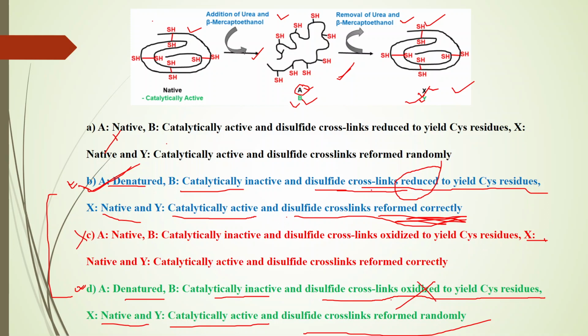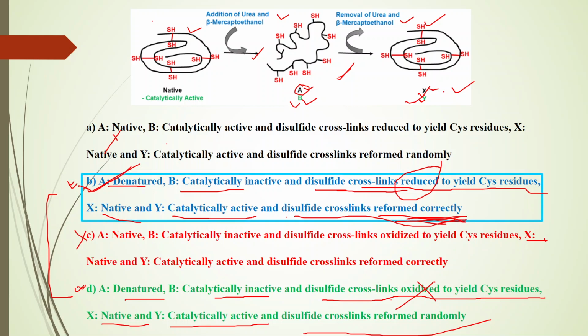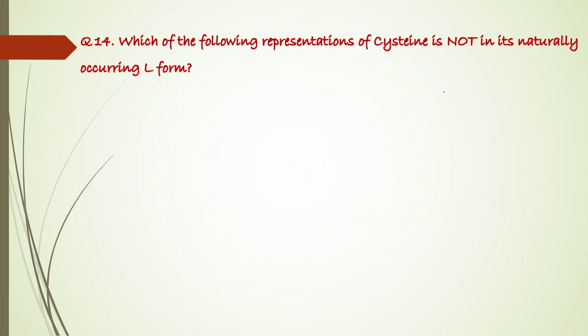Like only three things are the same, they are saying the disulfide crosslinks are reformed correctly, and here they are saying randomly. Only by seeing these things you have to identify. In case of that, you have to understand what is happening. That's why I explained it elaborately. So I hope this is clear to you. Moving to the next one.